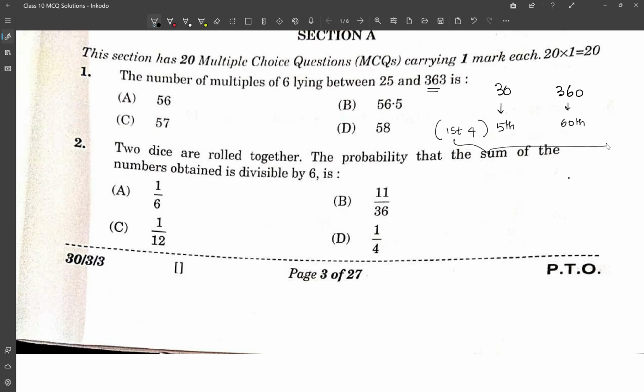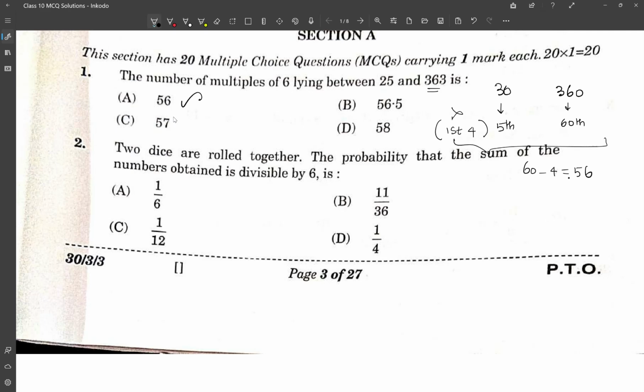So out of 60 multiples, the first four were not included, which means we have included the remaining 60 minus 4, which is equal to 56 multiples. So the number of such multiples would be 56.